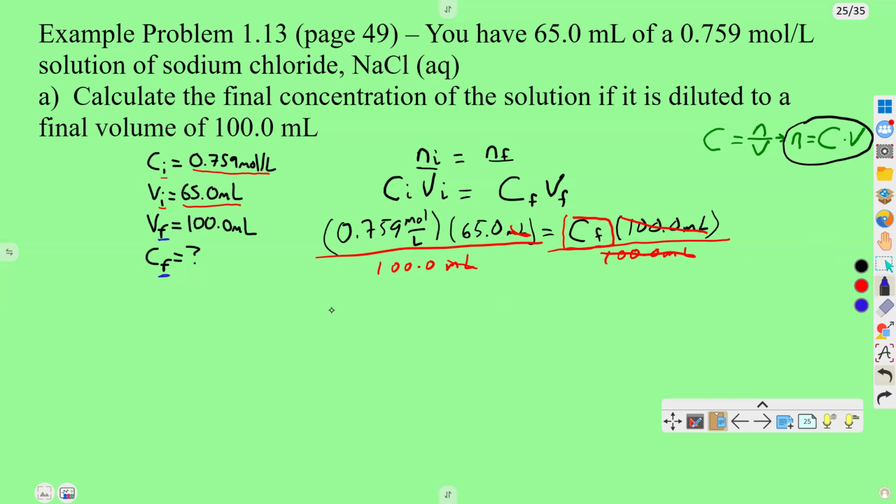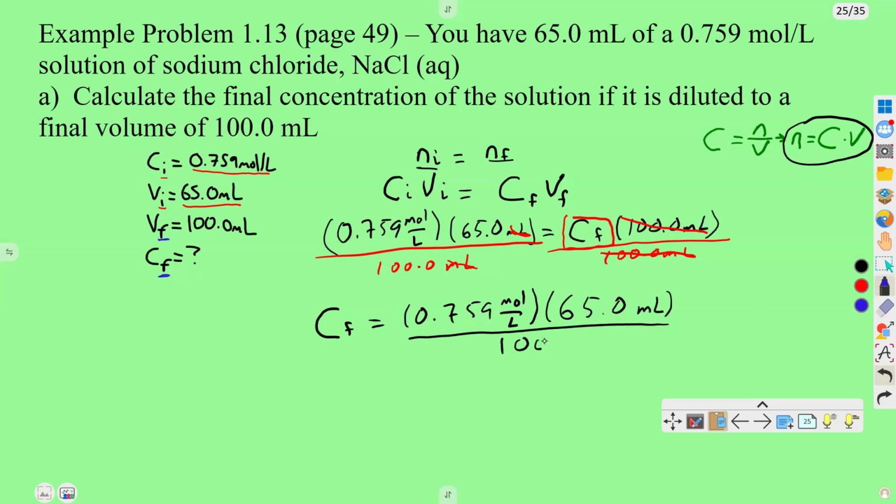So that means to find the final concentration, we take 0.759 moles per liter and multiply it by 65.0 milliliters. We're going to divide that by 100 milliliters, and so the milliliters cancel each other out.